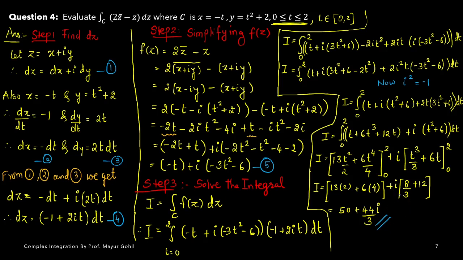Now see, I did all the steps of integration over here. You can skip it if in your exam the calculator is allowed. If you are allowed to use a calculator, then what is required is at this step. So I did a lot of simplification.